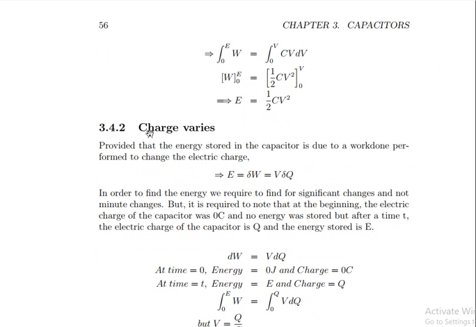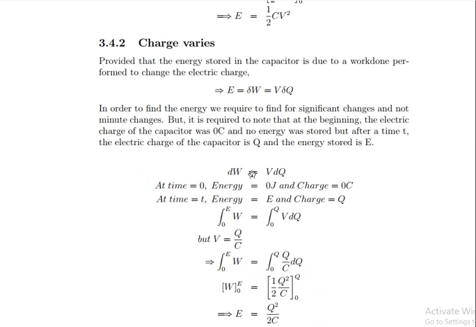Now in the case when the charge varies, you still have the same formula, W is equal to QV, but in this case the change in the work done is going to be due to a change in the charge, because here the charge varies with respect to time. So now dW here is going to be equal to V dQ. At the time t equals 0, the energy is going to be 0 joules and the charge is going to be 0 on the capacitor.